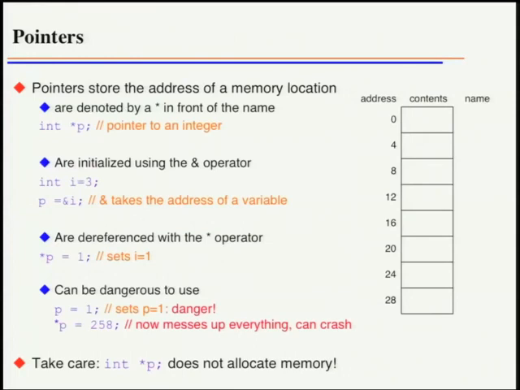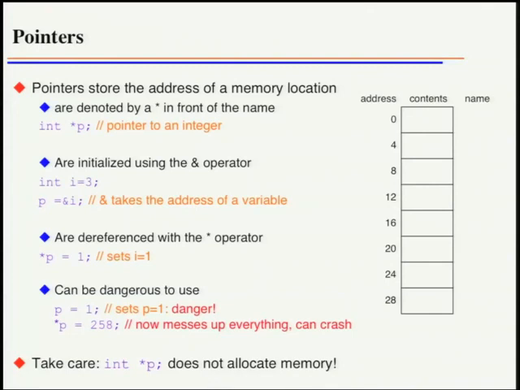So we already saw this column address, which gives you the address in the memory of your computer. And in C++, we have pointer variables in which we can store the address of memory locations. They are declared by putting this asterisk in front of the variable name.